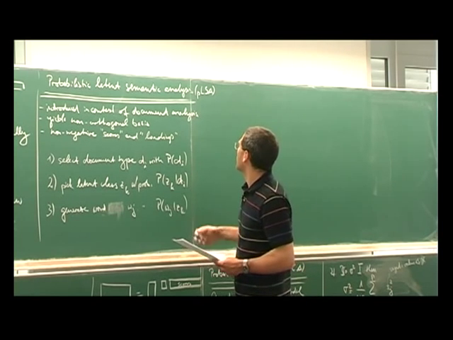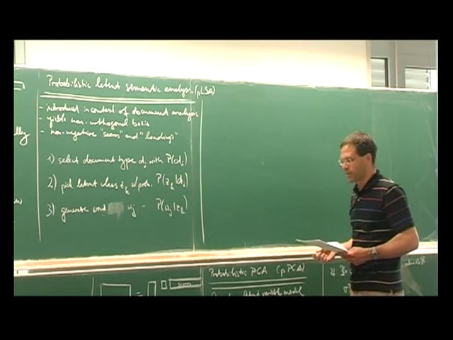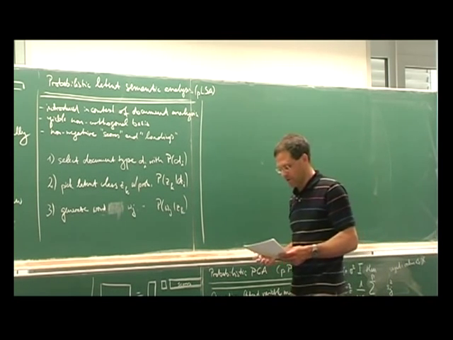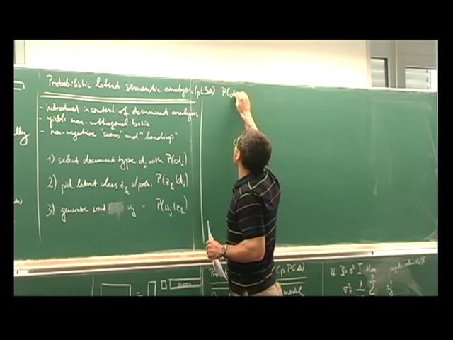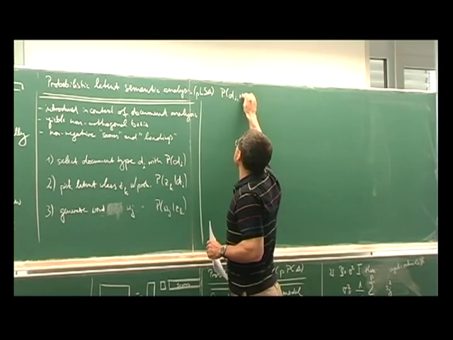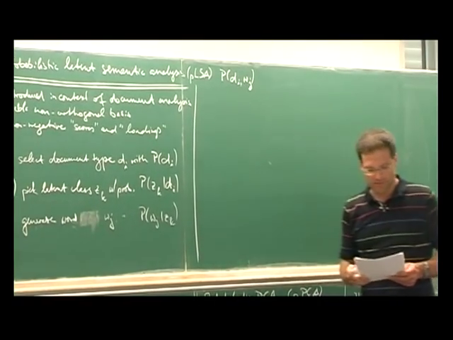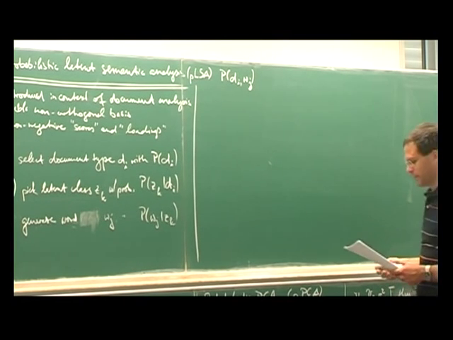Okay, so this is a simple generative model, and it allows us to write down the joint probability and develop a likelihood which we can maximize.